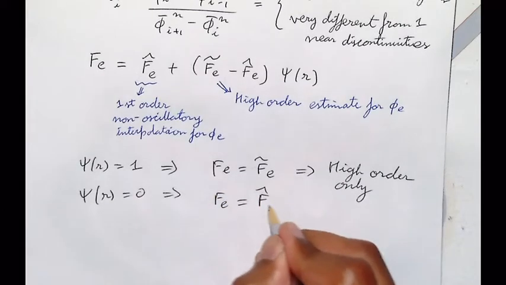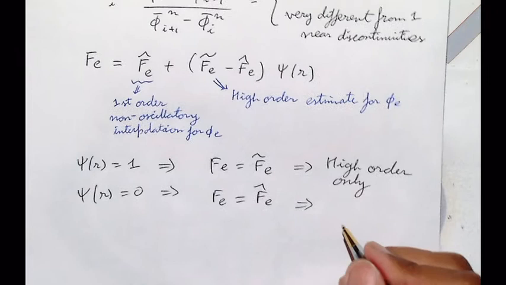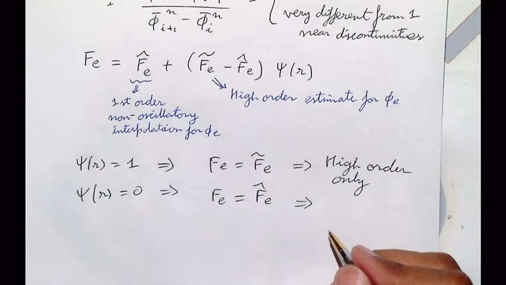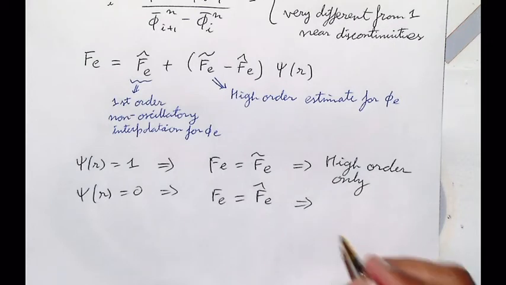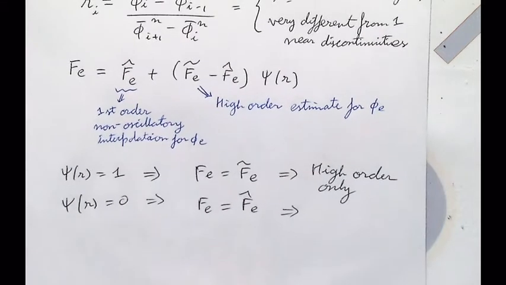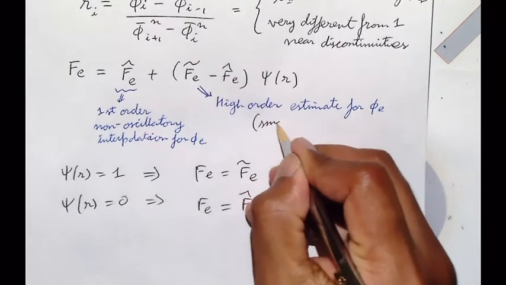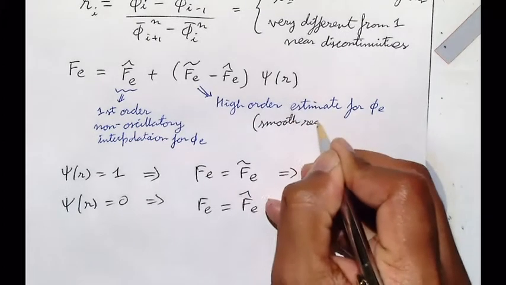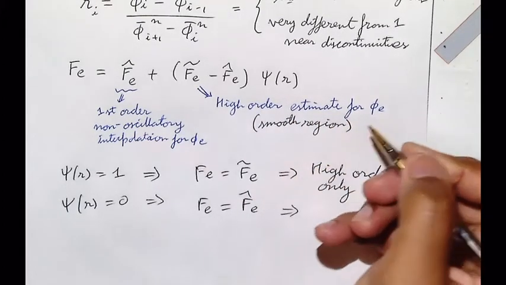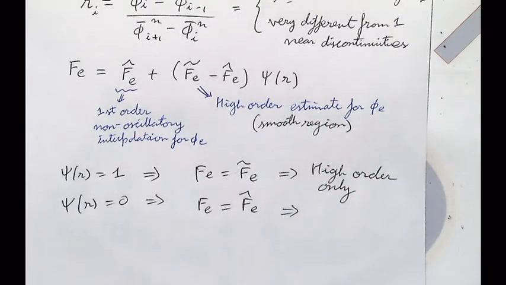F hat, which means smooth. So high order estimate means smooth region, right? We are only allowed to use high order estimates if the region is smooth.